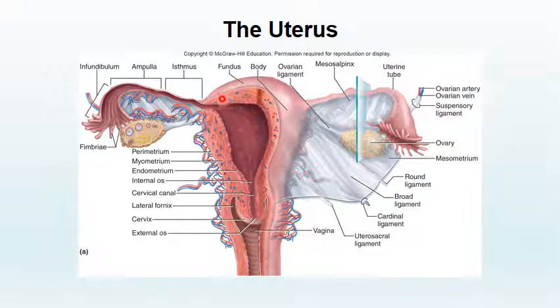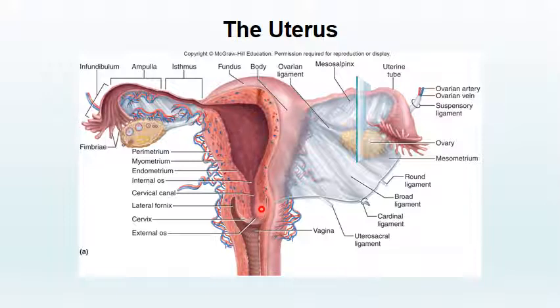In a woman who is not pregnant and who has never been pregnant, the lumen is what we consider potential space. And so the walls of the uterus in that female would be pressed together, so that there's virtually no space inside the uterus.